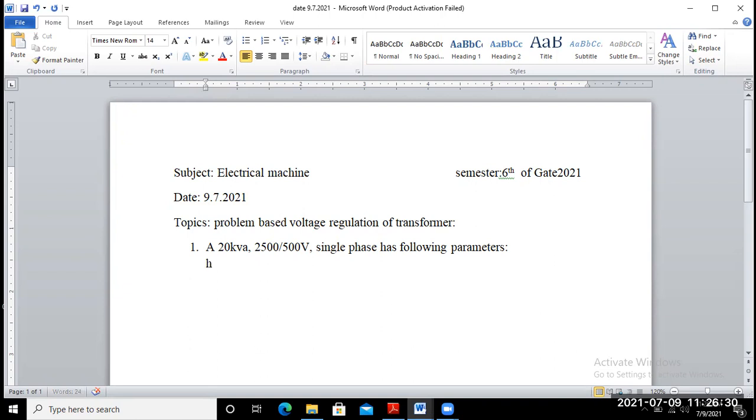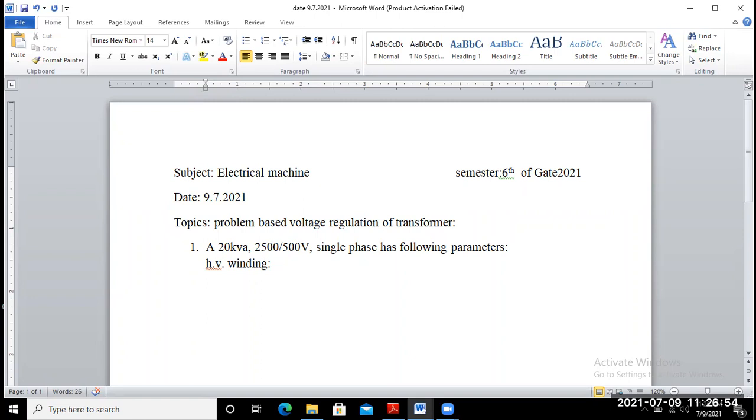That means HV winding resistance is 8 ohm and reactance is 17 ohm.